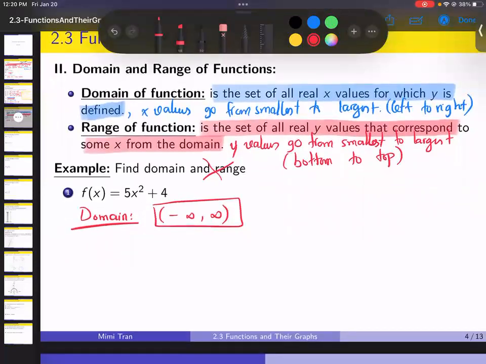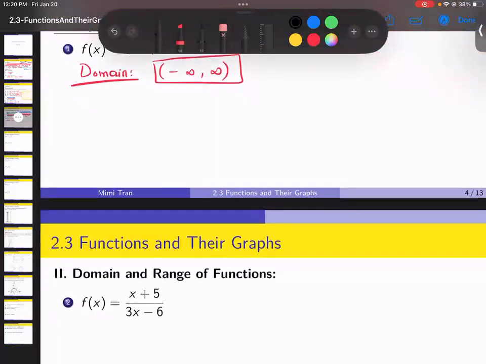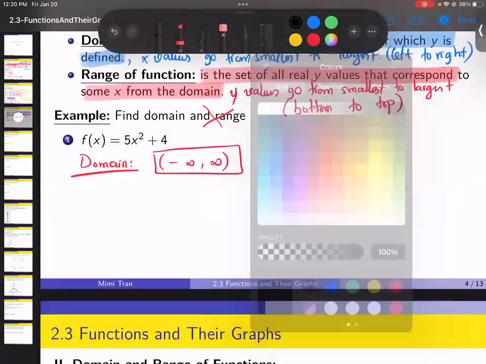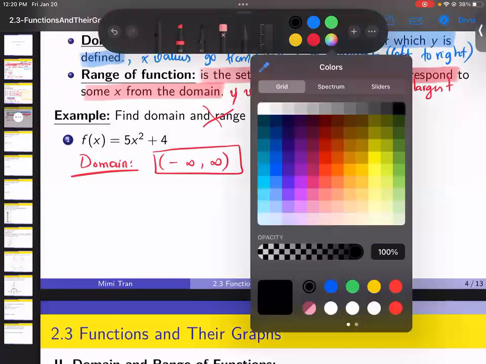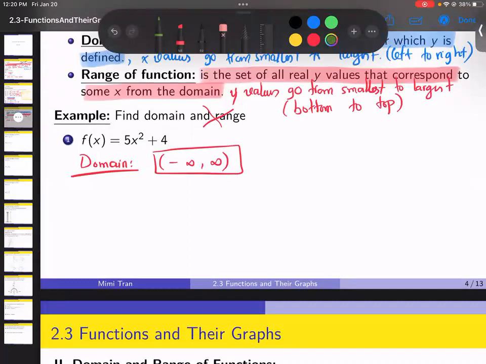All right. Let me put a little side note here. Maybe dark green. Remark.